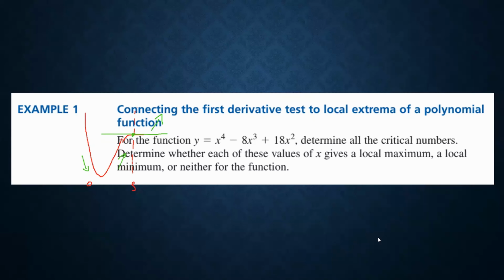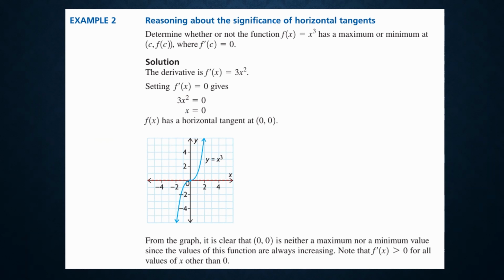Example number 2. Reasoning about the significance of horizontal tangents. So basically, that's just part of what we just did. Here is x to the third power that I gave you as an example at the beginning of the class.